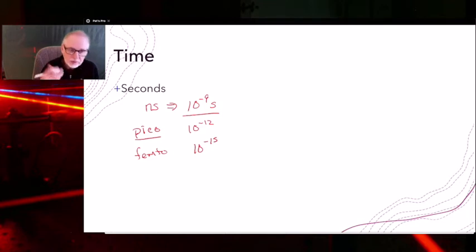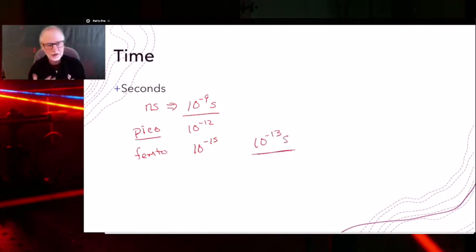And those processes are happening on the order of a few hundred femtoseconds, say 10 to the minus 13 seconds. So there are a lot of things that are going on really, really fast when you get down to the small size of atoms, and they're moving at very high speeds. And what's going on internally in atoms is happening at very high rates and very small time scales.